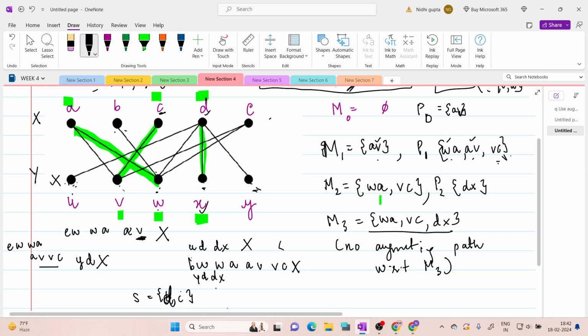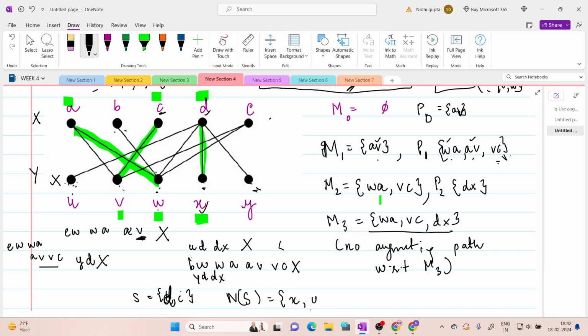If S is D, C, then the neighbors of D and C are X, U, Y, V. So if you are taking S to be D and C, then yes, V, W, X, Y.